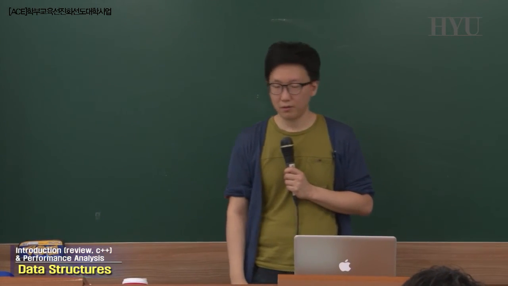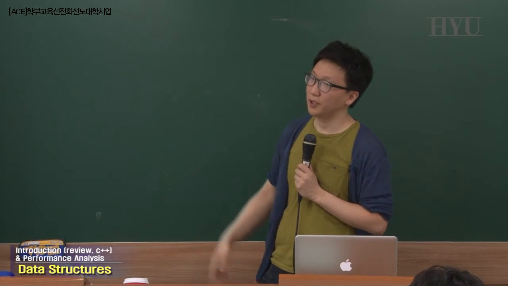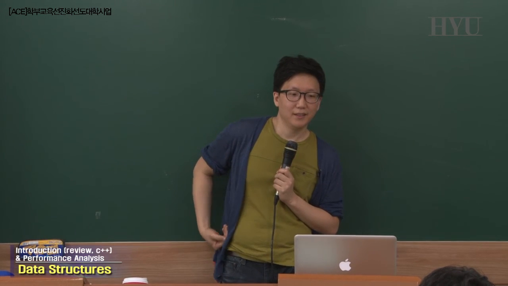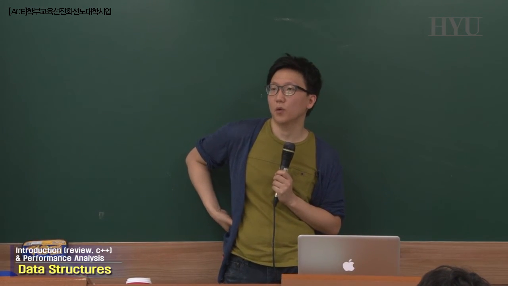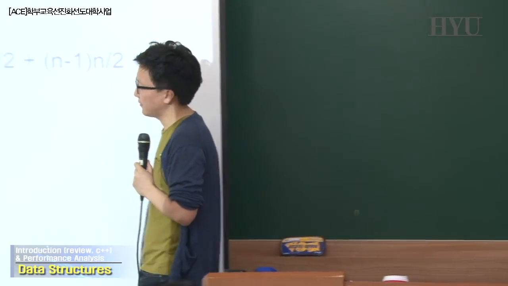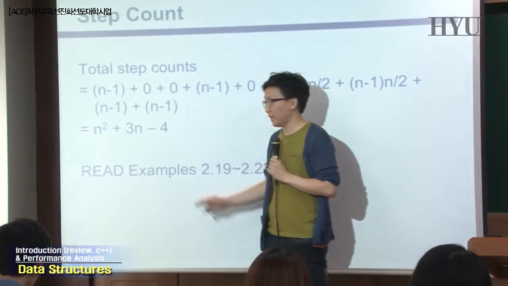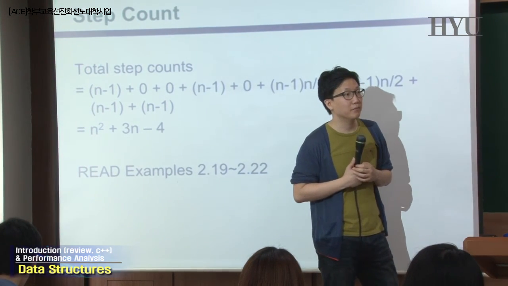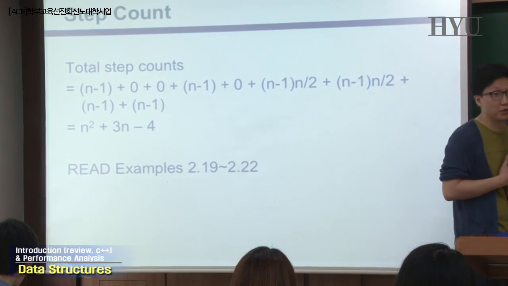You add them all. You have that, what is that? What do you call that? Equation? N squared plus 3n minus 4. Okay. I have this. This is, I guess, the overall time steps that particular algorithm can have.